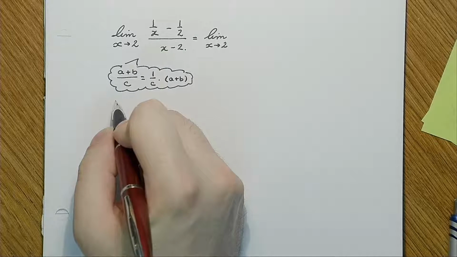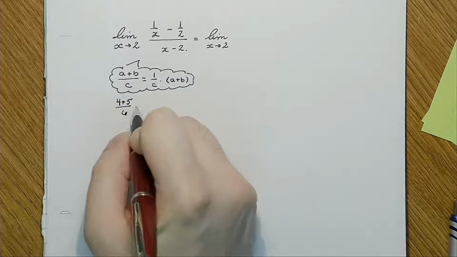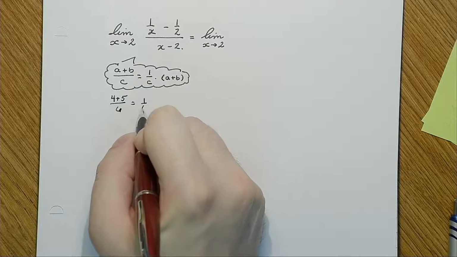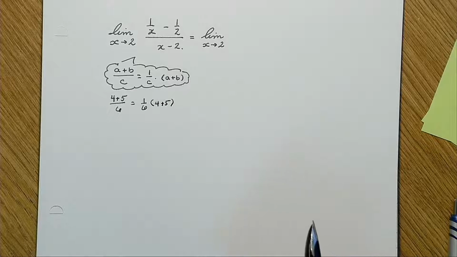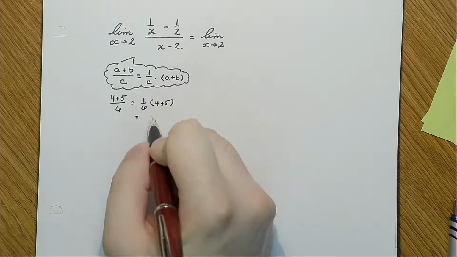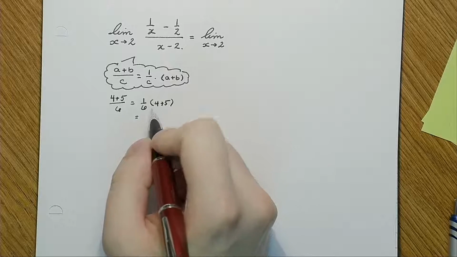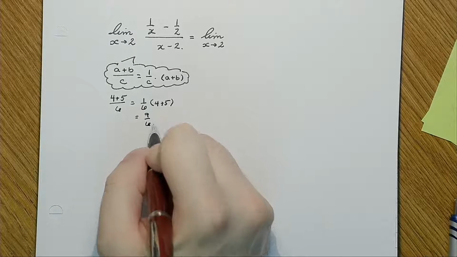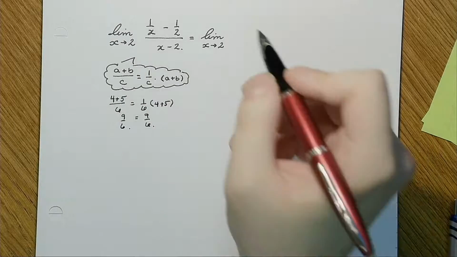So if I had something like, I don't know, 4 plus 5 over 6, I could write that as 1/6 of 4 plus 5. Yes, okay, good. I should finish this off. So I have 9/6, and there it is, 9/6.